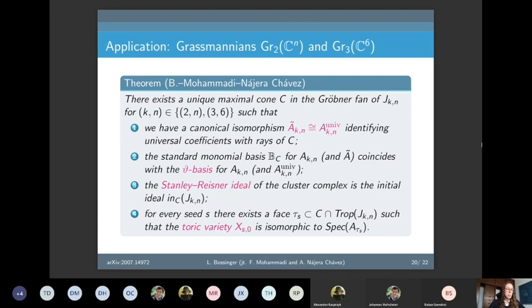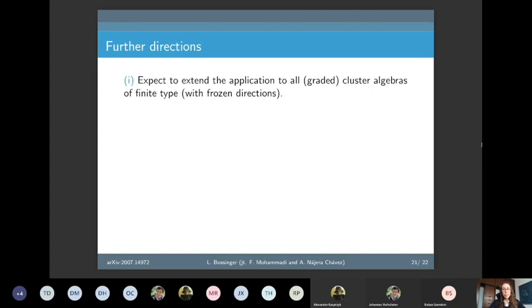And now I just have one more slide that goes a bit into possible further directions. So first of all, we are really optimistic in the sense that we want to extend this application that we now have for the Grassmannians Gr(2,n) and Gr(3,6) to all kinds of cluster algebras of finite type.